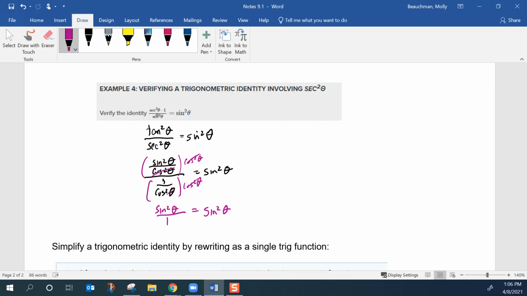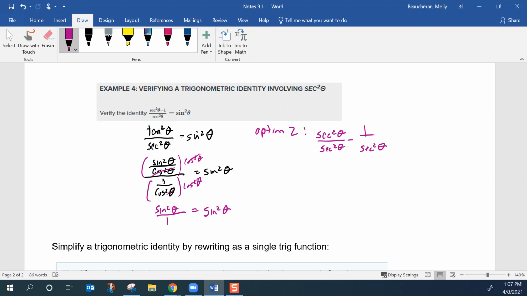Another way you could do that, option 2, is you could have rewritten secant squared minus 1 over secant squared as 2 fractions. You could have written that as secant squared theta over secant squared theta, minus 1 over secant squared theta.